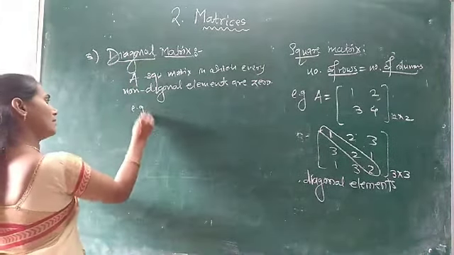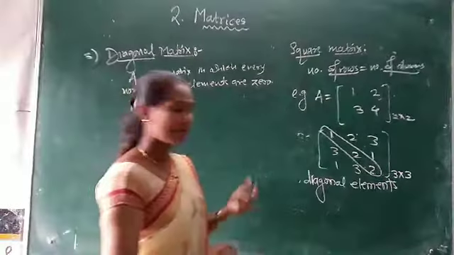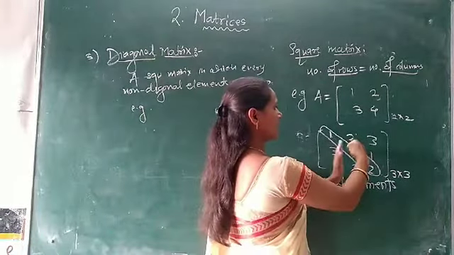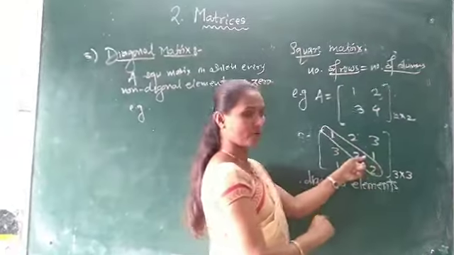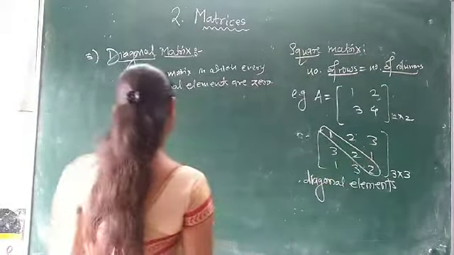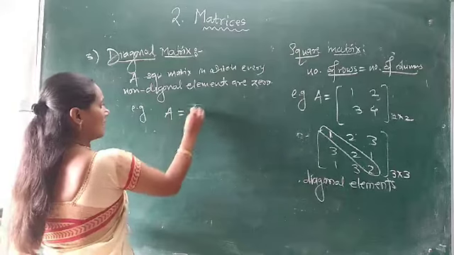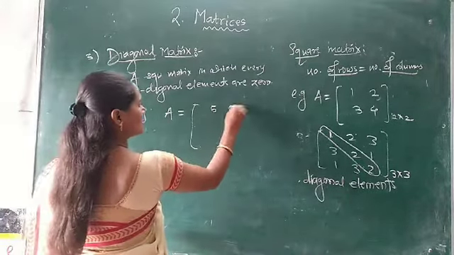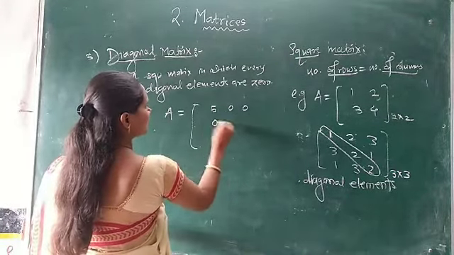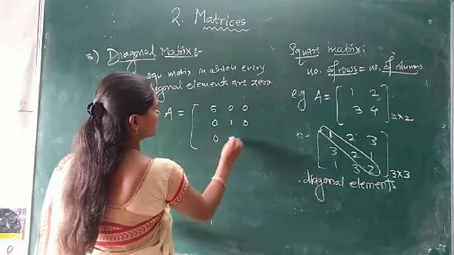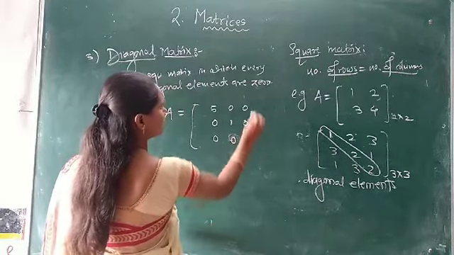Non-diagonal elements means the elements which are below and above the diagonal. For example, A is equal to 5, 0, 0, 0, 1, 0, 0, 0, 2.